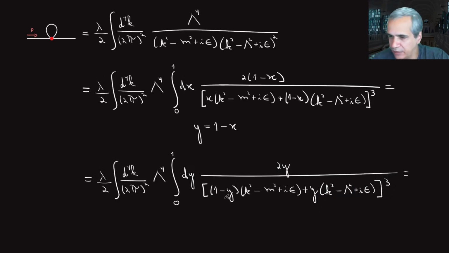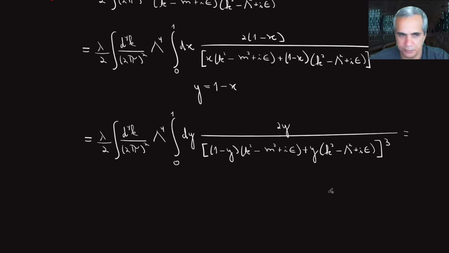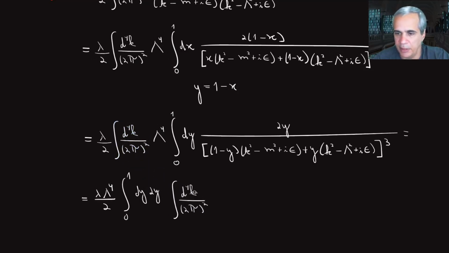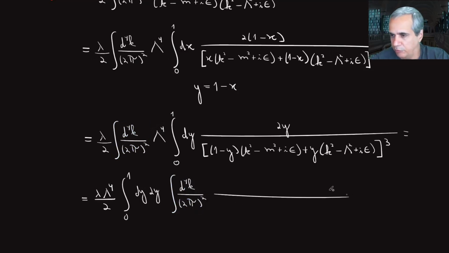And that I can, again, same thing, right? I won't redo all the algebra. I can just expand here and rewrite this denominator in the useful way, write it here, bring the integrals in dy up front, and the integral in d^4k will be of 1 over (k squared minus delta squared plus i epsilon) cubed.